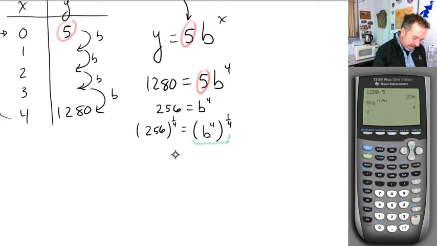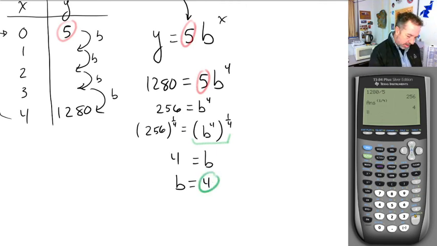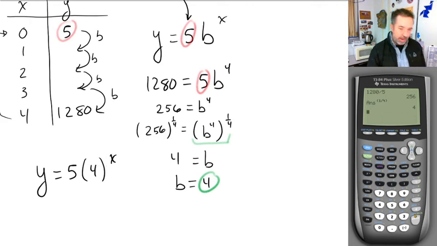In fact, maybe that's why I'm confused. I wrote this backwards. This side becomes b. On the other side, it becomes the number 4. So I know that b, my multiplier, is 4. Now that I know that my multiplier is 4, I can write the equation. It is y equals 5 times 4 raised to the x power.